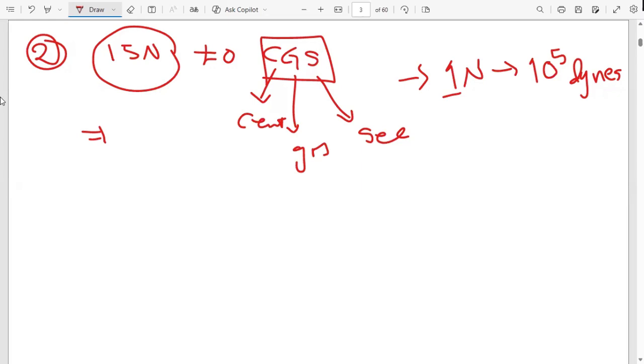So in this case, we're going to convert this unit of measurement that we've been given from newtons into dynes. And from here, I'm sure everyone now can solve this particular question.